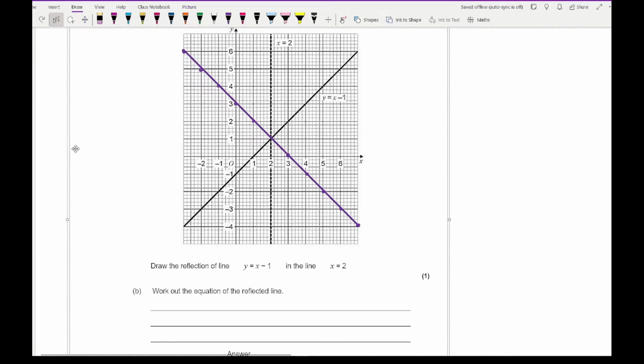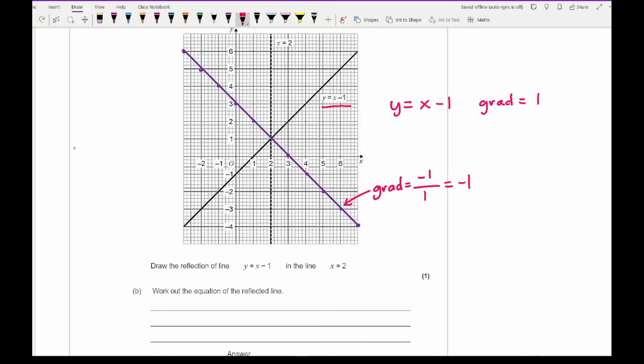It then says work out the equation of the reflection line. Now for this you can obviously use the graph to work it out, but I'm going to be using the equation. So here we've got y equals x minus 1. Now the gradient of that line is 1, so this purple line is going to have a gradient of the negative reciprocal of 1, which is minus 1.